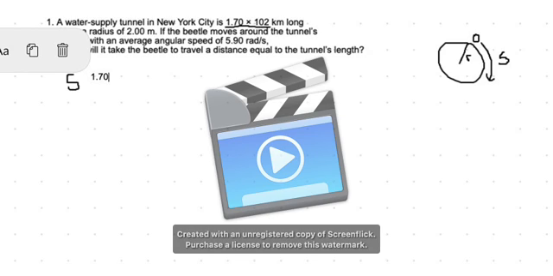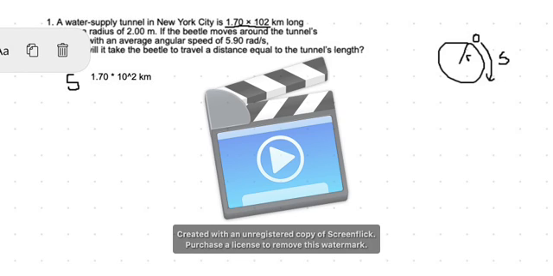Now, that distance is in kilometers, and the other distance that we've been given, the radius, is in meters. So the first thing that we need to do is either convert the radius into kilometers or convert kilometers into meters, because we need both S and R to be the same units in order to get a ratio in radians for theta.